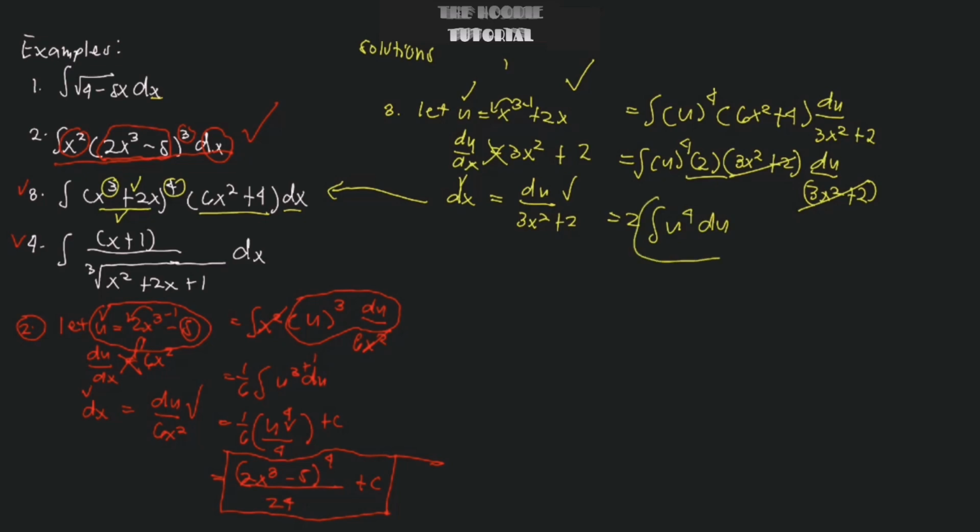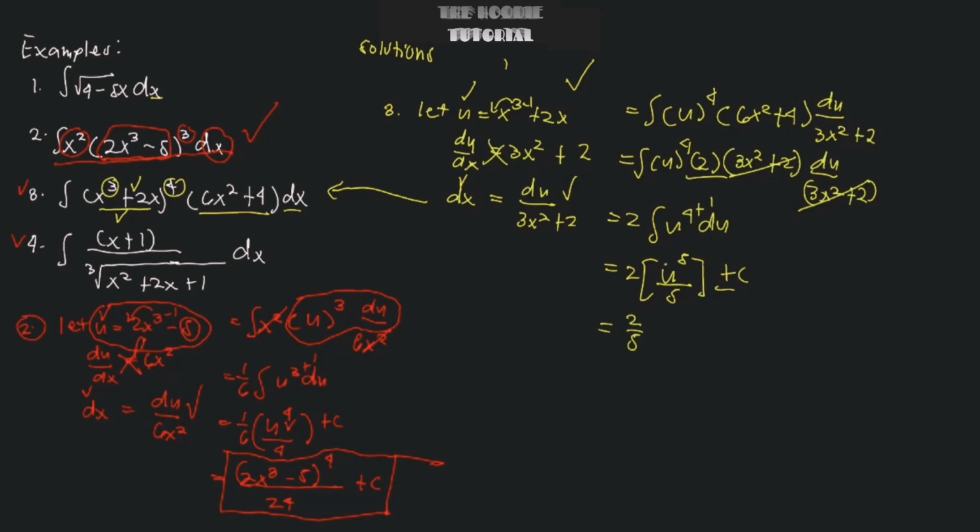So we can now use the power rule for this one. Let's continue to the integration of u raised to 4 du, which is u and then plus 1. That would become 5 over 5, and then never forget plus c. You can put plus c whenever you integrate a function. So therefore we are going to have 2/5, or you can use either way.